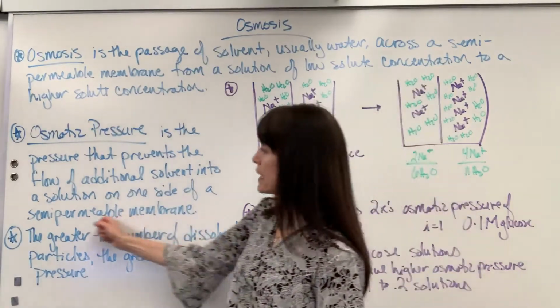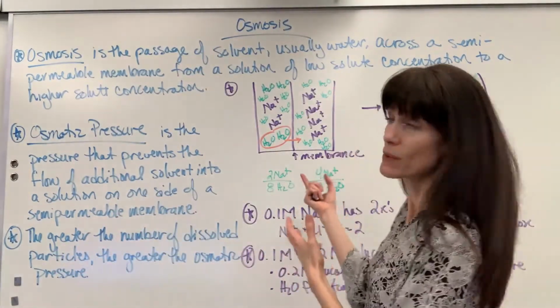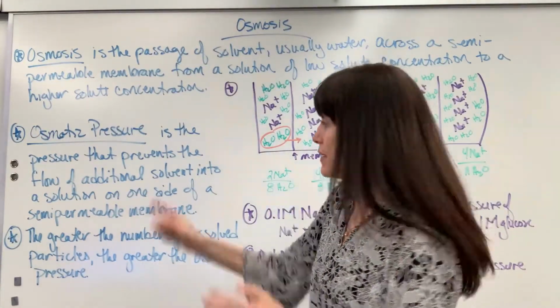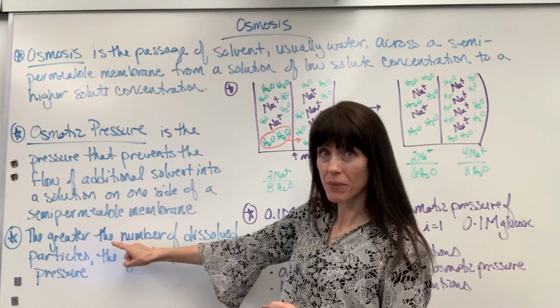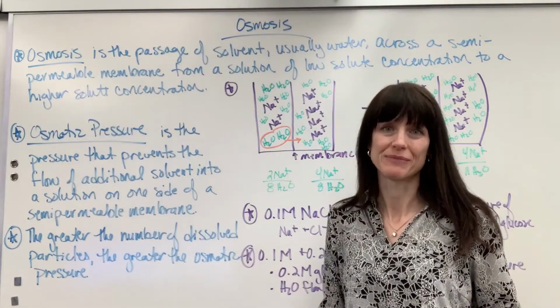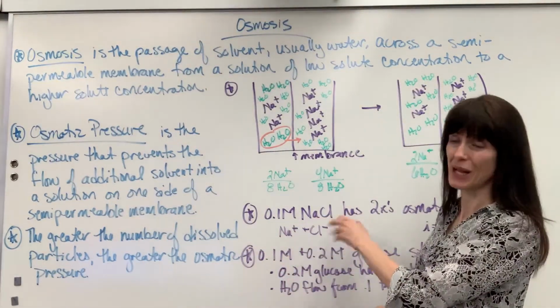Now, a really big takeaway in all of this is that osmotic pressure, osmosis, is a colligative property, which means the greater the number of dissolved particles, the greater the osmotic pressure. So here is a great application, another example for you.